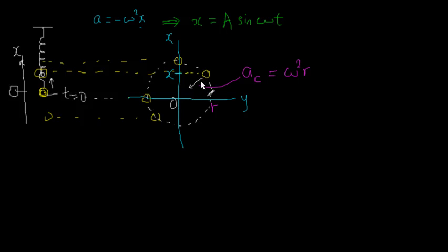Now to resolve this into vertical and horizontal directions, okay, let's see. What I'm going to do is imagine moving this arrow to here. So that's my centripetal acceleration. Now, I'm going to think about this component in this direction.